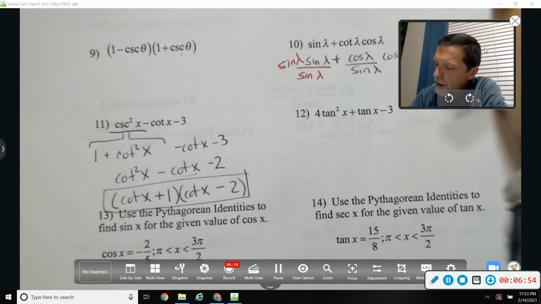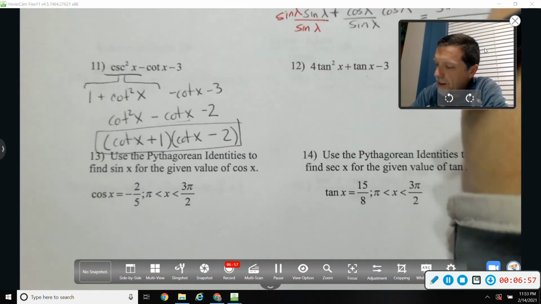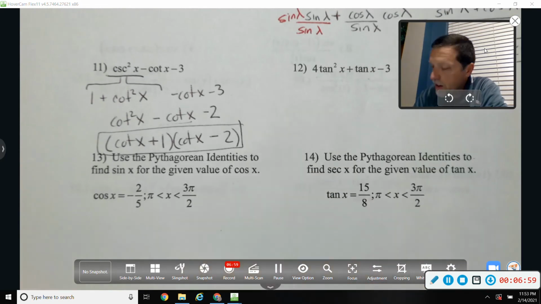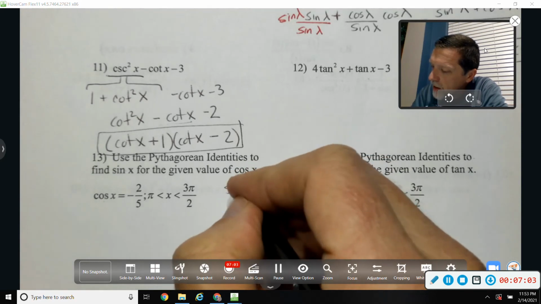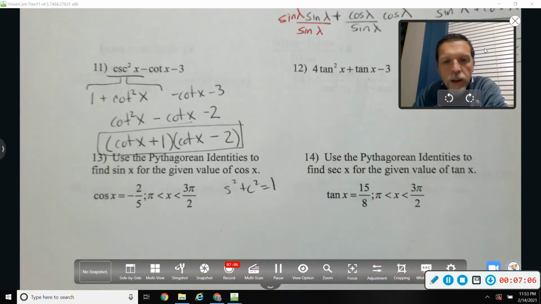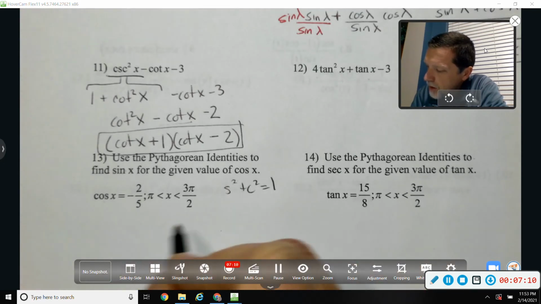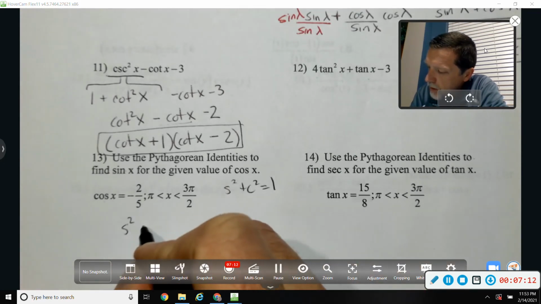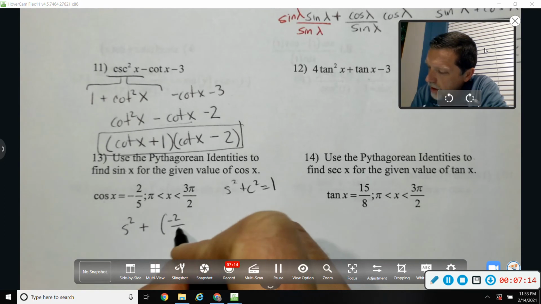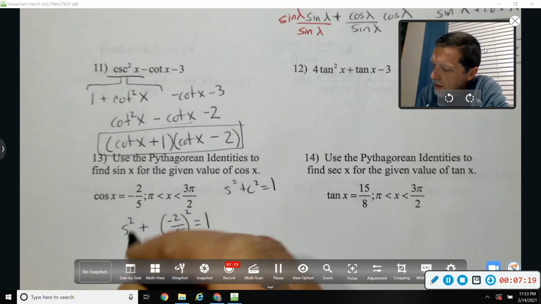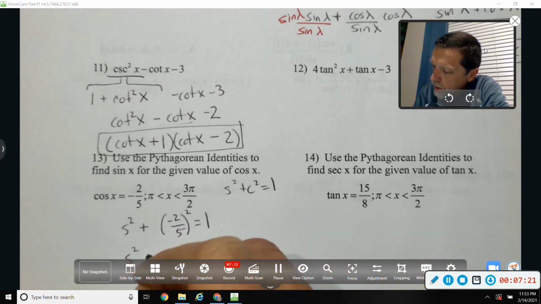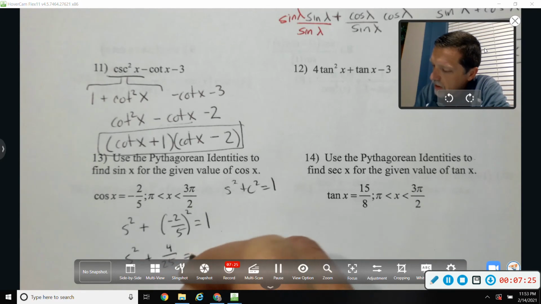Number 13, use the Pythagorean identities to find sine of x for the given value of cosine of x. Well, sine and cosine and Pythagorean, sine squared plus cosine squared equals 1. I'm trying to find sine. So sine squared plus 4/25 equals 1.